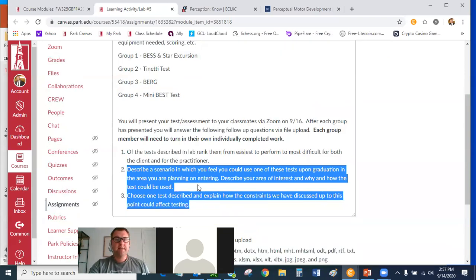How I'm going to grade this is, I haven't exactly given the point breakdown, but I'm thinking I'm going to do either 15 or 19 points for your presentation, and then 3 or 5 points each for your 2 questions here.